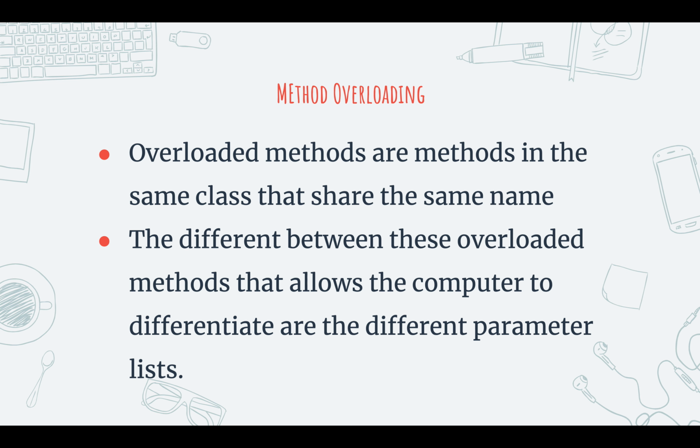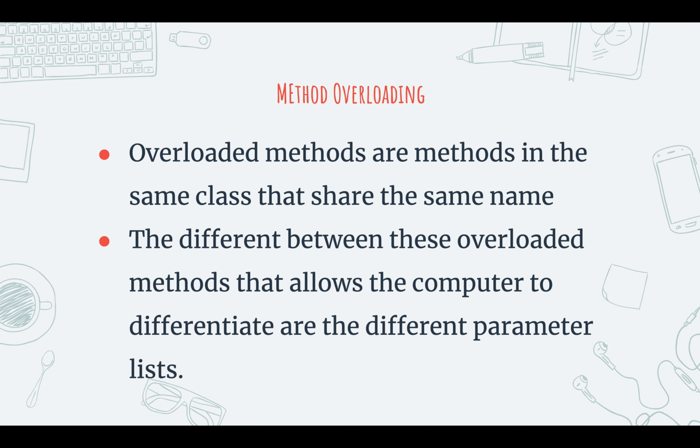For the final lesson objective of our methods video, it's method overloading. And again, just like I said in the beginning, it's fancier than it sounds. Overloaded methods are methods in the same class that share the same name. But the difference between these methods is that they have different parameters.